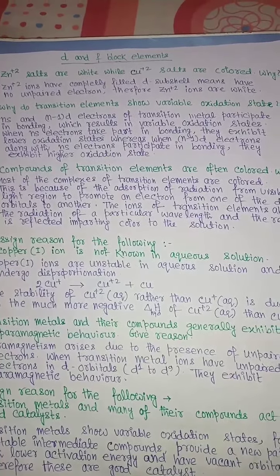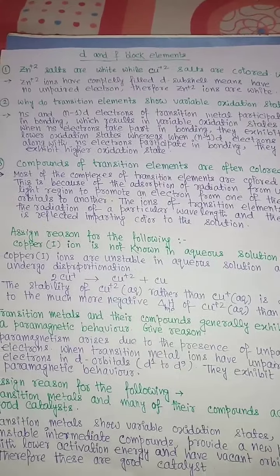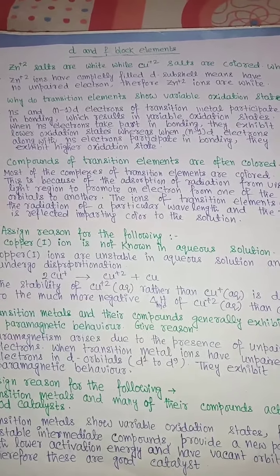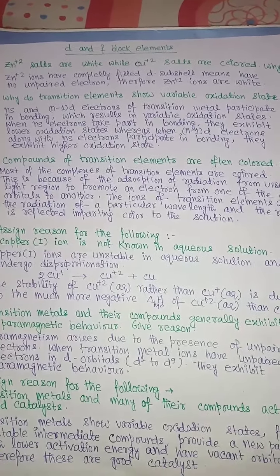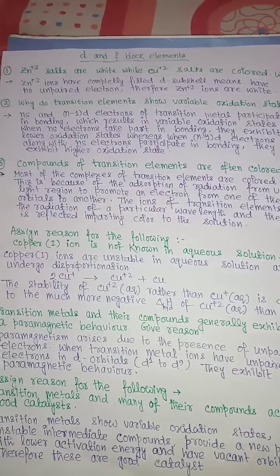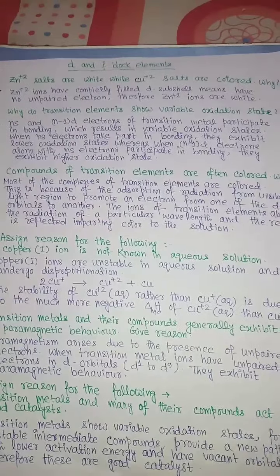Therefore, Zn2+ ions are white. That means no d-d transition takes place. That's why Zn2+ salts are white while Cu2+ salts are colored.